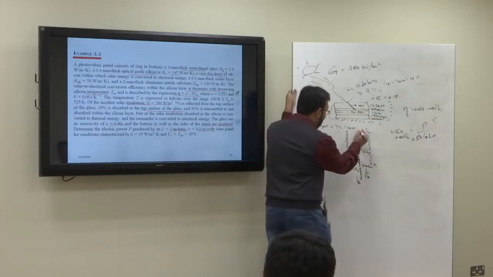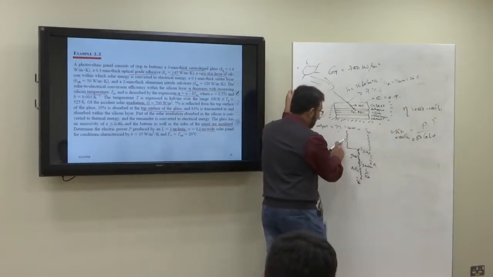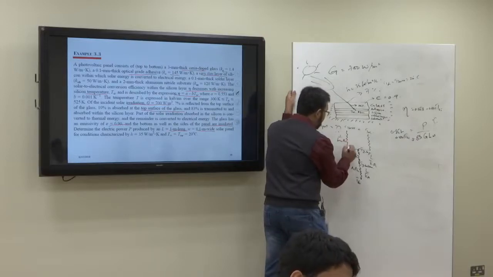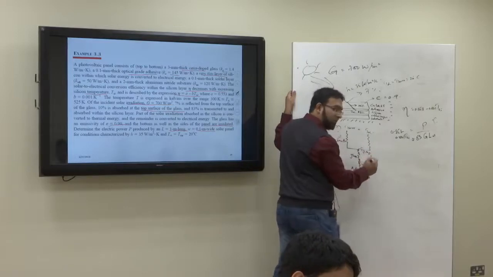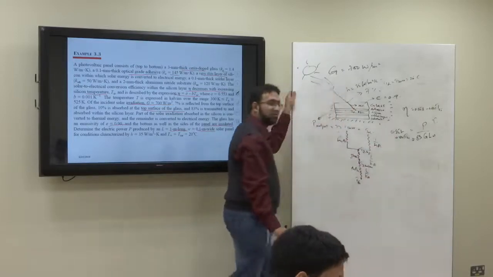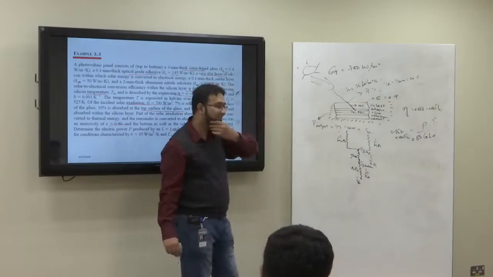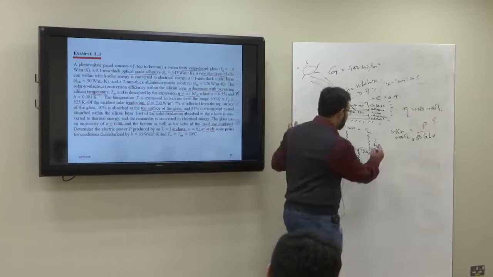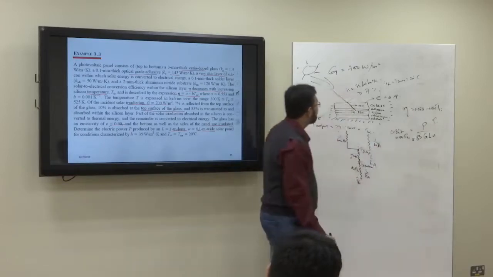And they are equal, but for T surrounding, this will be 1 upon HRA. T infinity, it will be 1 upon HA. Is it clear? H is given, right? H is given.